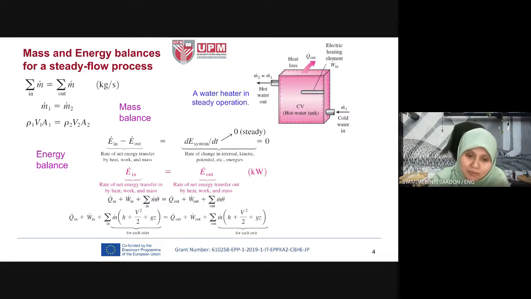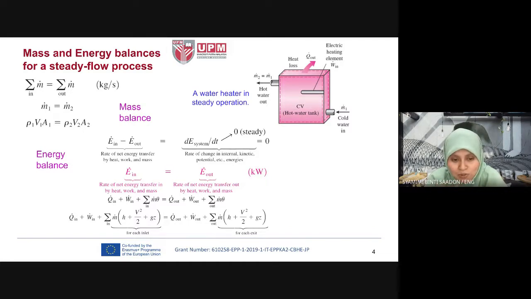Normally for a compressor, we have work input, the electricity that we need to give to the compressor for it to run. And then energy transfer by mass: m dot, with a sum because we may have several inlets and outlets. So the sum of mass flow rate times theta. In the next line, we define theta.